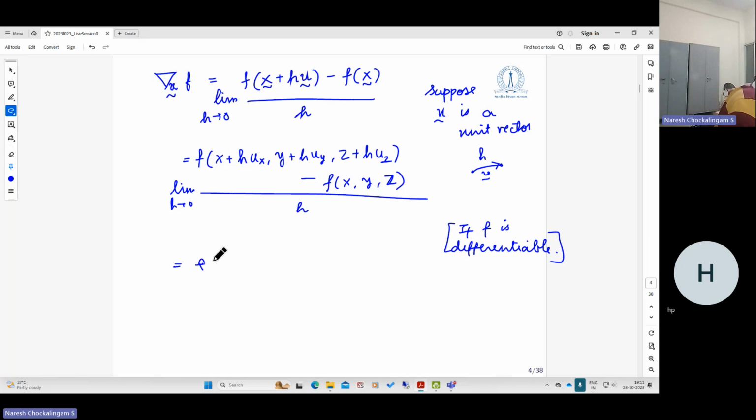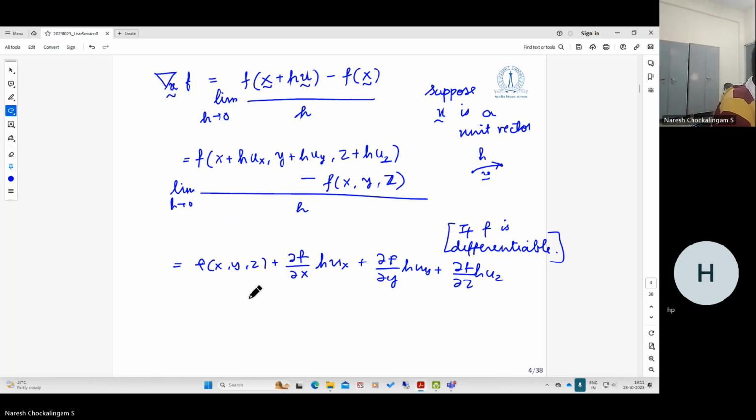You can write it as f of x comma y comma z plus partial f with respect to x, applying the chain rule, into h ux, plus partial f with respect to y times h uy, plus partial f with respect to z times h uz, plus the higher order derivatives of f.